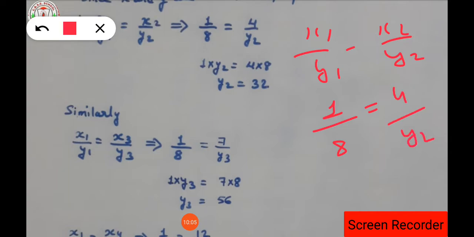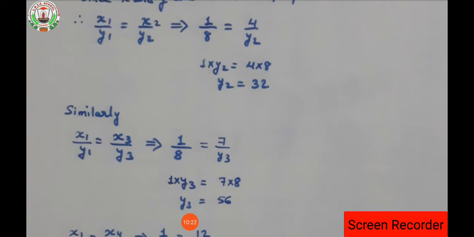So 1 into y2 is y2 itself, and 8 into 4 by cross multiplication gives 32. So 4 upon 32 is the ratio for the second part of the table.